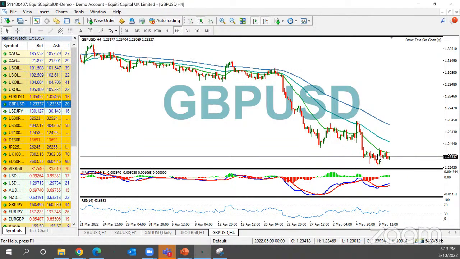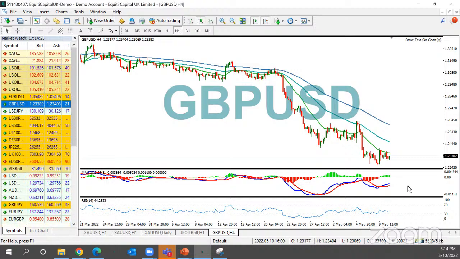This narrow range is affected by the dollar itself. So the pound is literally controlled by the dollar at the moment. Whenever there is a muted move from the US dollar, that means there is a muted move in the pound dollar. However, whenever the dollar goes higher, we could see the pound dollar pair going down. So I'm more biased to the downside, especially because from a technical perspective, you could tell that prices are standing below the moving averages.